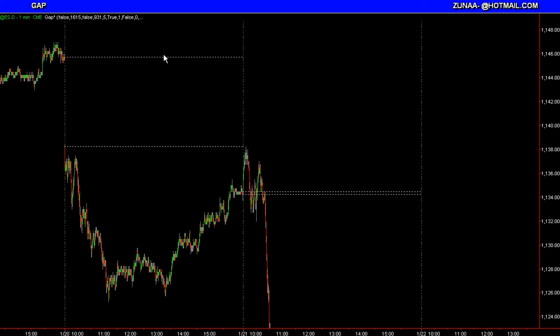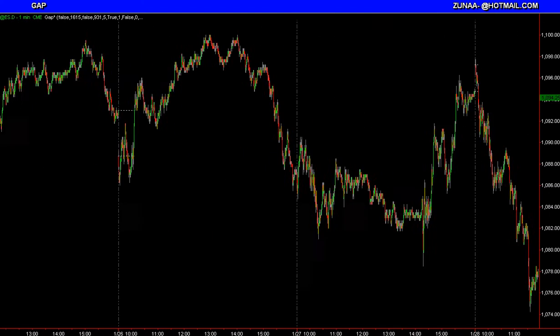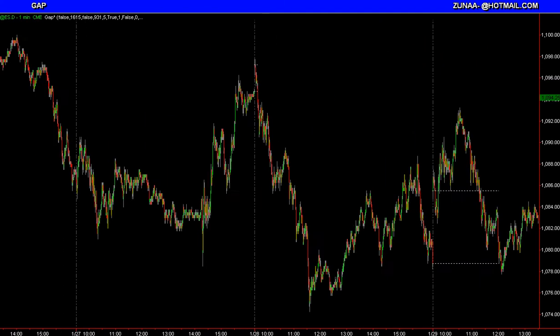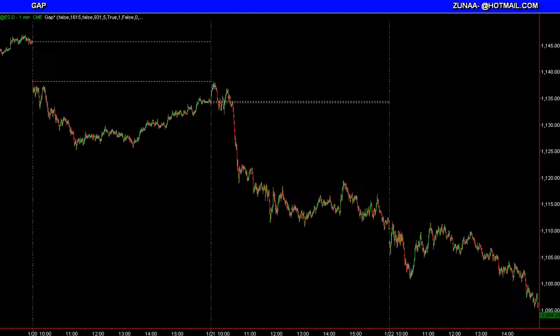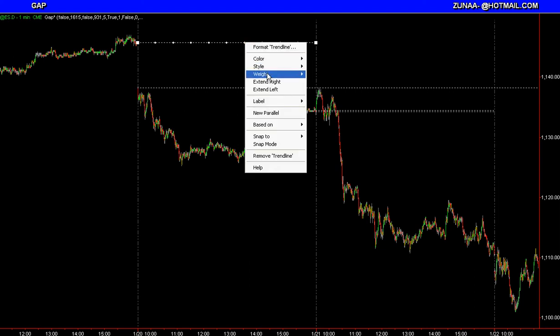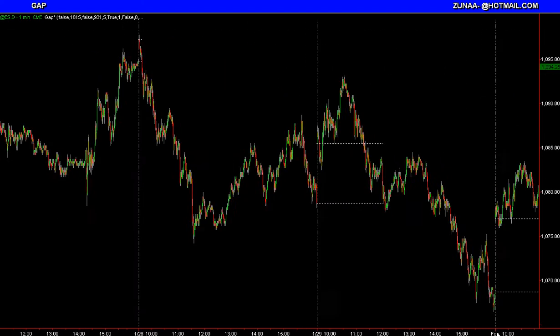So I guess some are asking, well, why would I need to see the gap? I can just see it on the chart. That is true, but when you have gaps, and right now we're currently here, and you want to be able to see what prior gaps, instead of scrolling all the way back, you can just extend these lines prior to the market open.